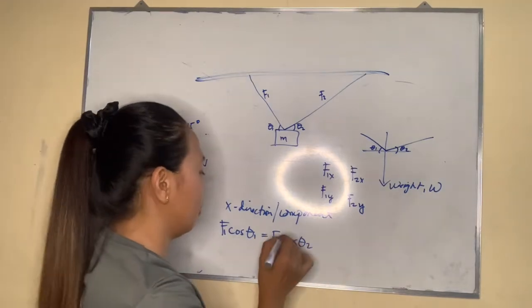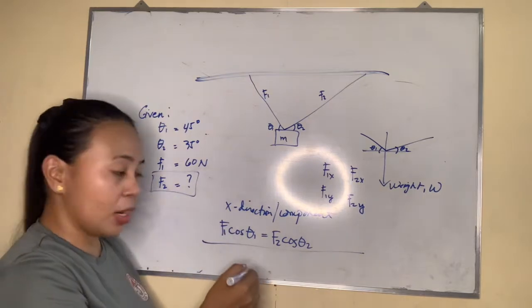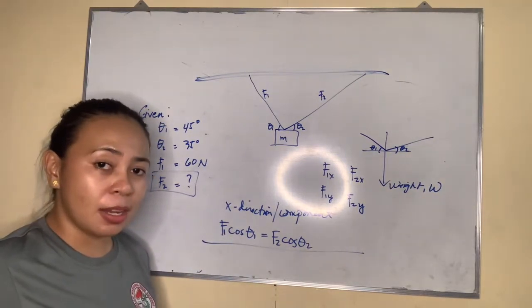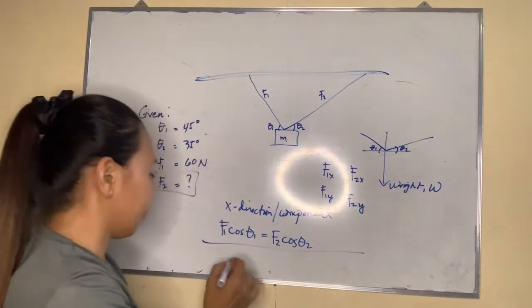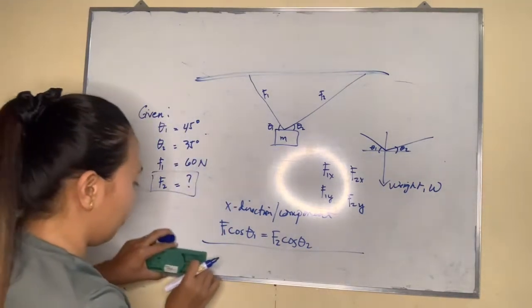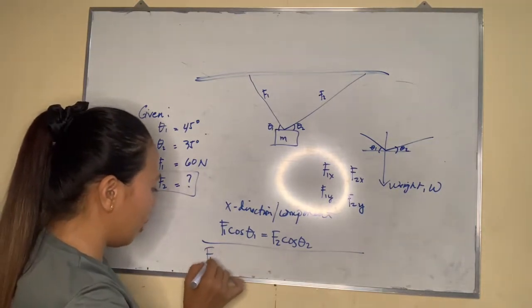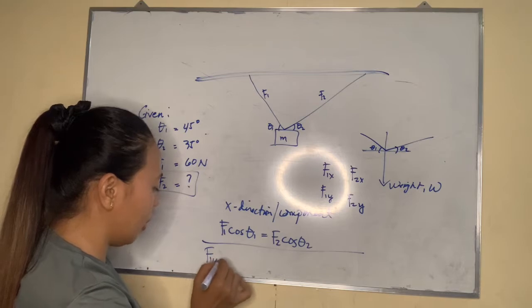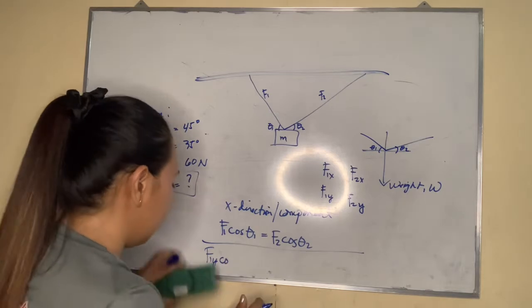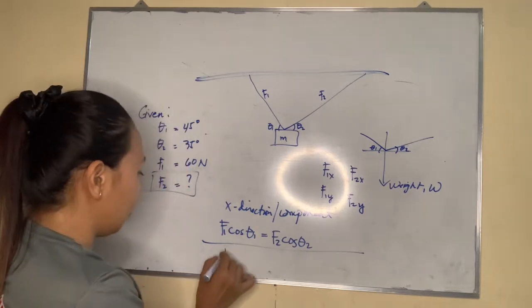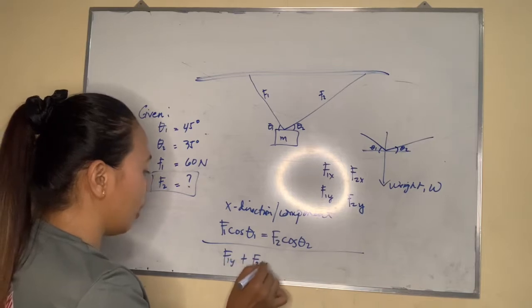Then, for your y direction, yung nilagay sa module, sa SSLM, may binigay doon na F1y plus F2y.